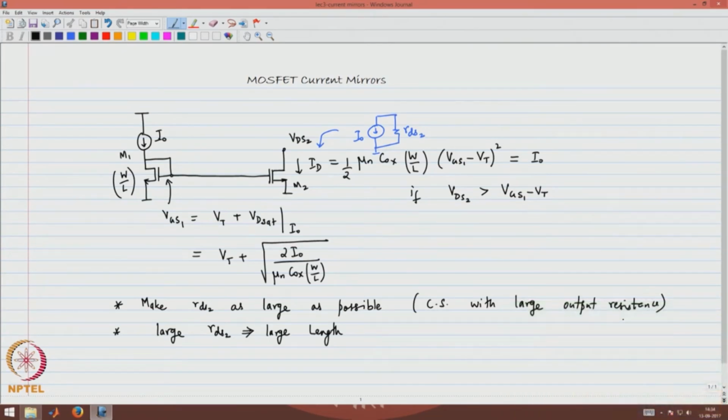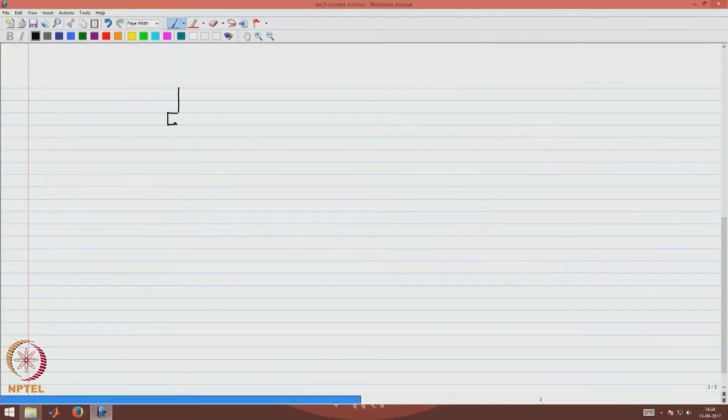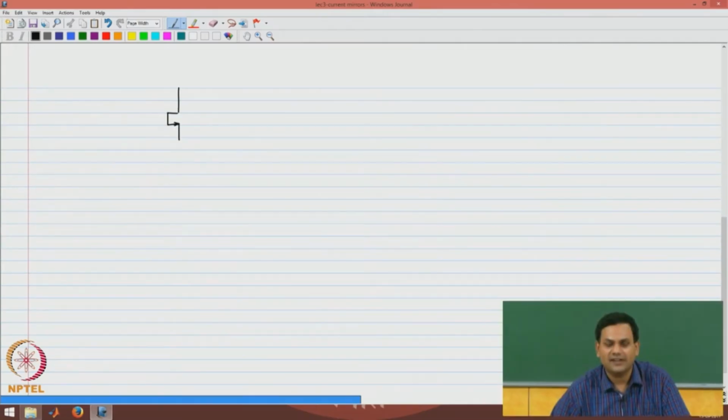We now want to make RDS2 large. With a single transistor there is only so much you can do with RDS2, beyond that you cannot increase RDS2 any further. So, we want to look at circuit methods to increase RDS2. One way to do that is to use a different circuit technique.